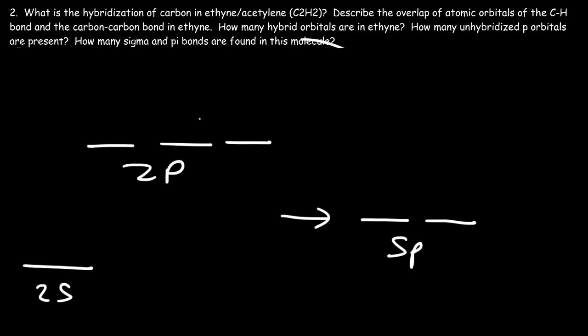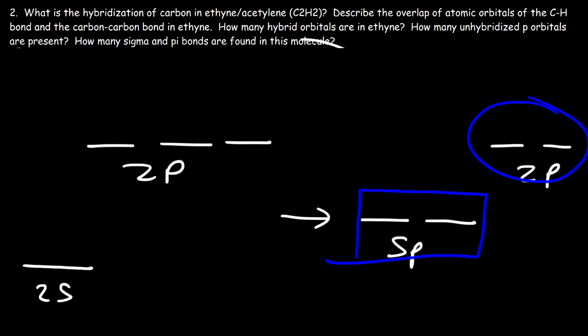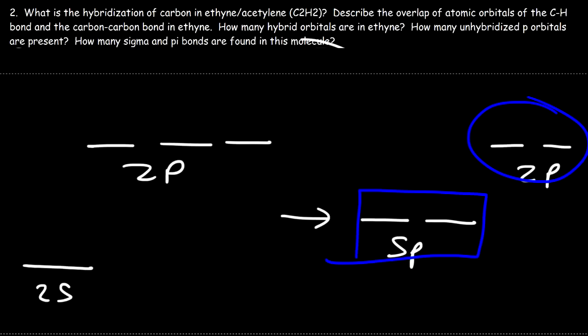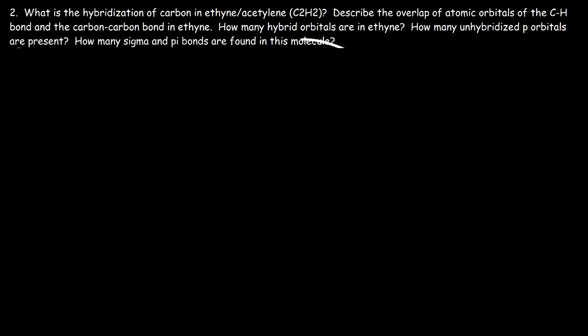And then the other two unhybridized p orbitals will be at their same level. So this is the new energy diagram for carbon in ethine. So here is the two hybrid sp orbitals, and here's the two unhybridized p orbitals per one carbon atom. So now let's draw it.